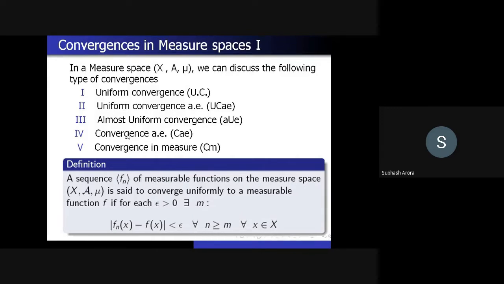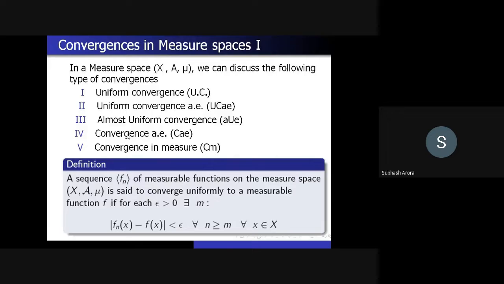We can talk of weak topology, strong topology, weak star topology, etc. It's a vast topic leading to much more discussion. But in this we are to talk of limited things only, so we limit ourselves up to this and go to measure spaces.